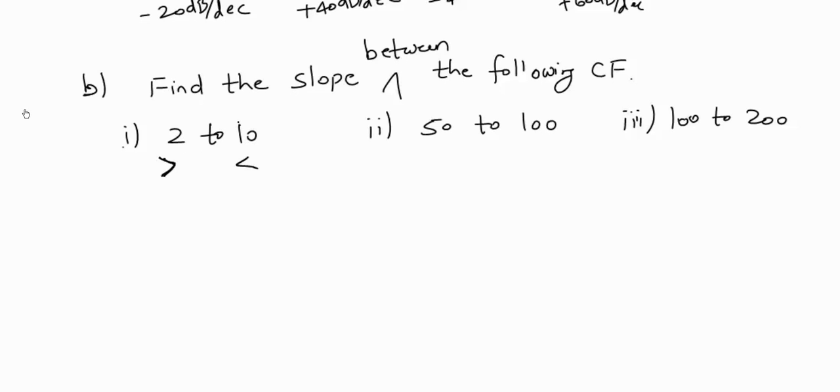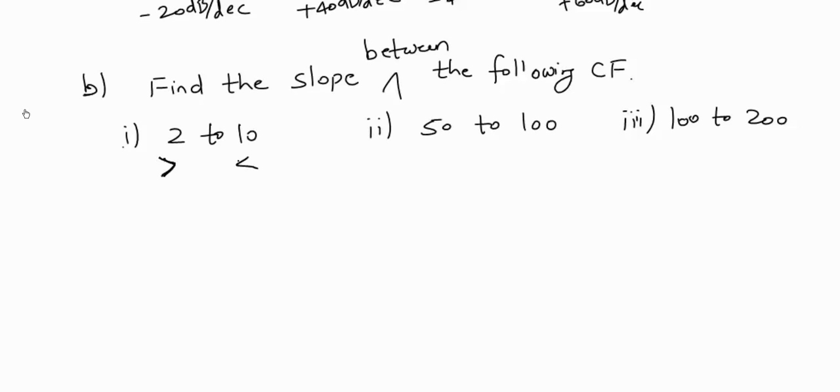While calculating that, you will include this pole or zero, and you will not include this one.